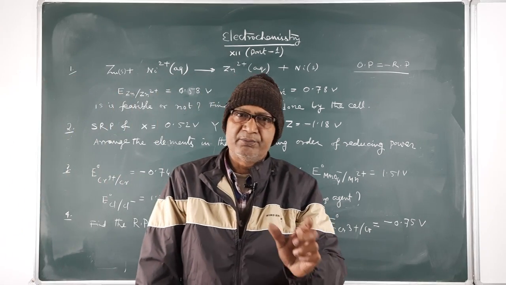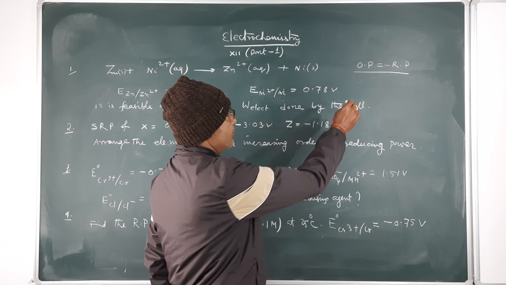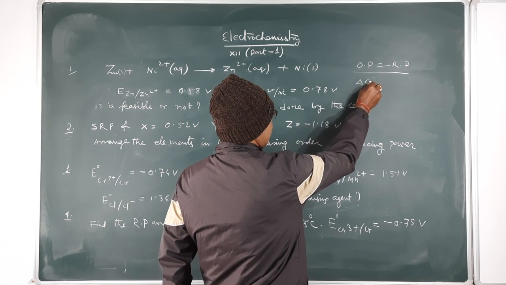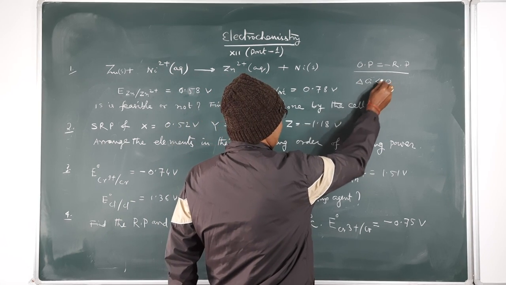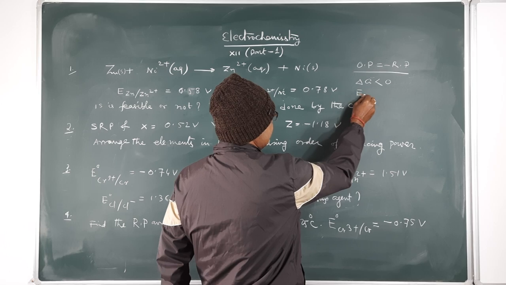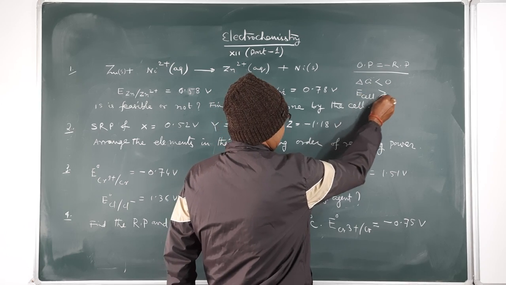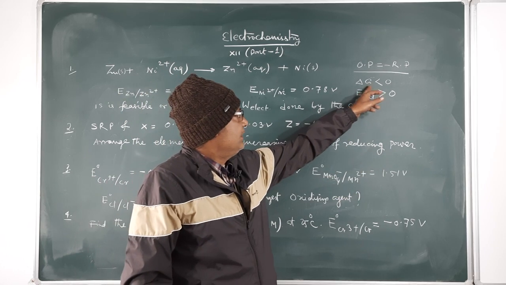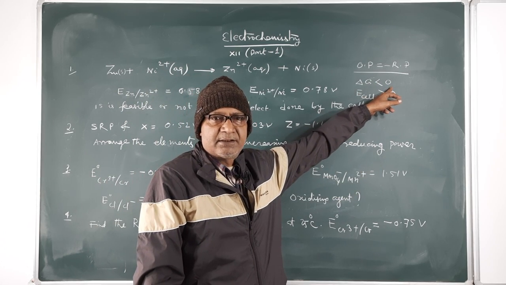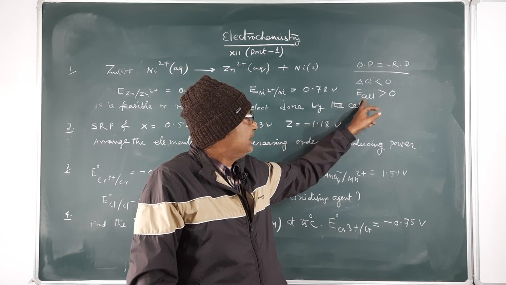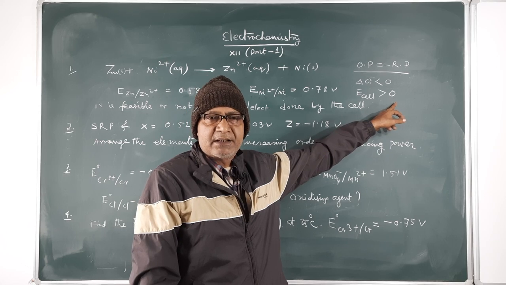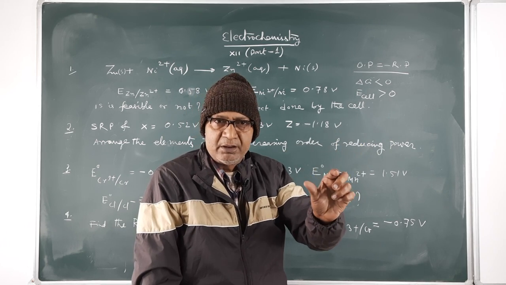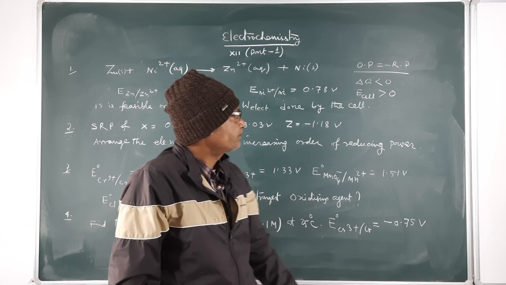You know the reason for spontaneity: delta G should be less than 0, or you can say E cell should be greater than 0. Either condition you can apply. If delta G is less than 0, the reaction is spontaneous, or if E cell is greater than 0, the reaction is spontaneous, means feasible. This term is used in the book.